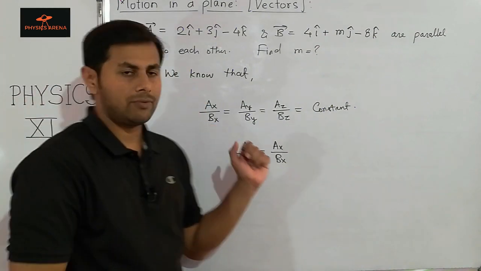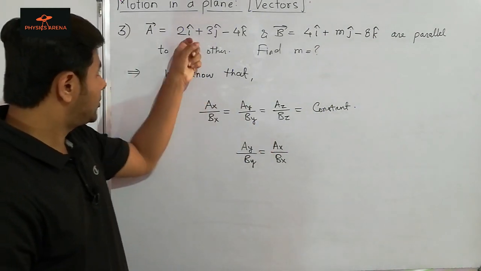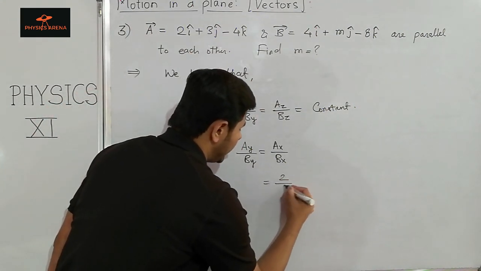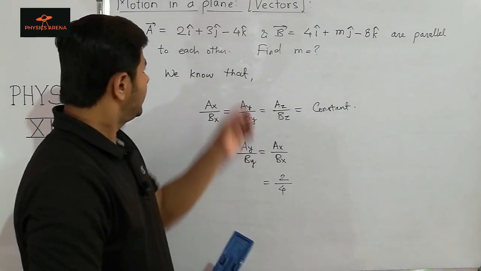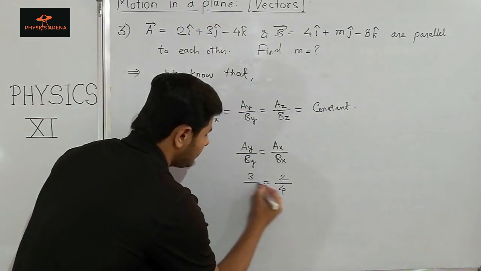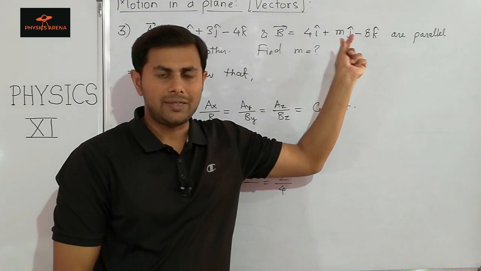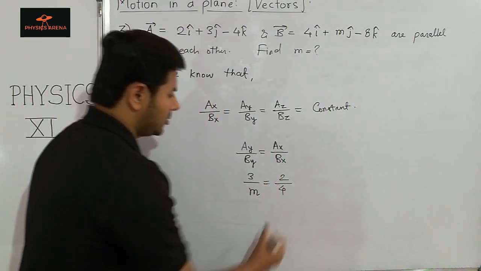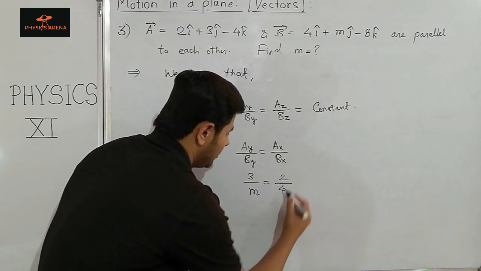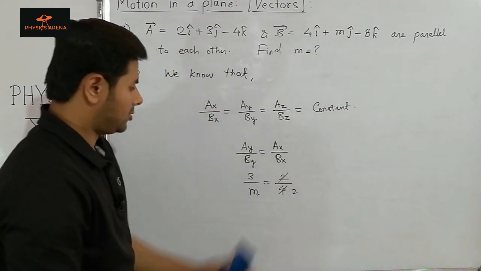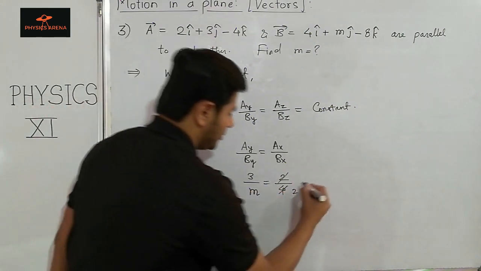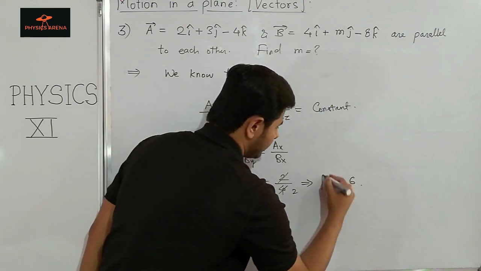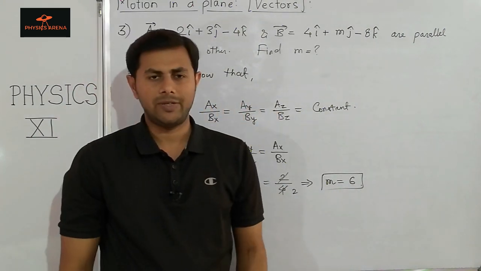Now let's substitute the values. So ax is 2, bx is 4. So this is equal to 2 divided by 4. Ay is 3 and by is m, which we have to find. So m, this is 1 by 2. So if we multiply this out, then we get m equals 3 2s are 6. So it's very, very simple.